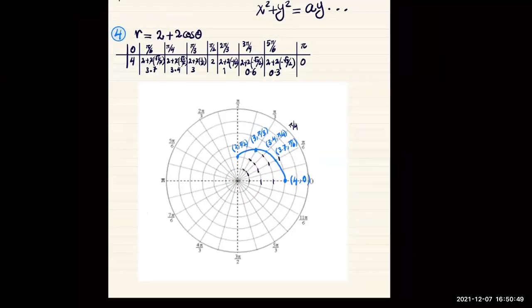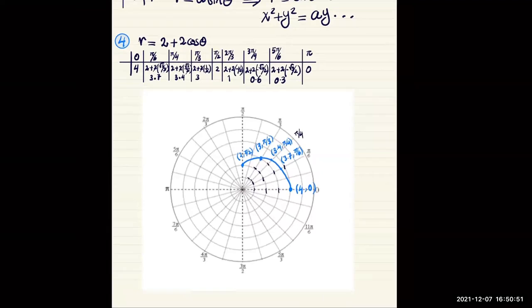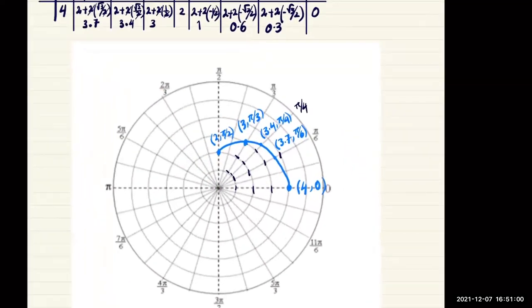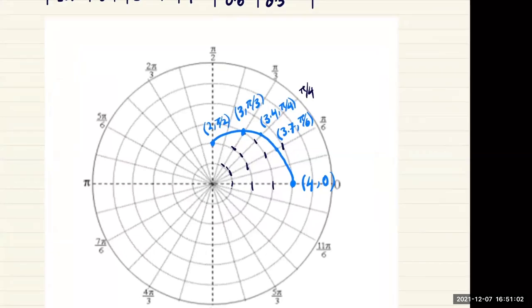And they get smaller than that as you get closer to pi. So at 2 pi over 3, we have 1. It gets increasingly more difficult to locate these points because r is getting close to 0.